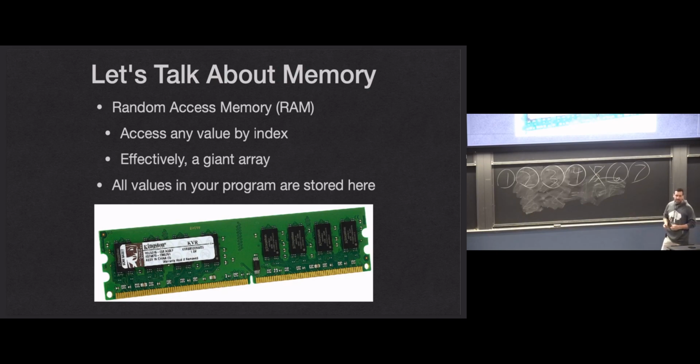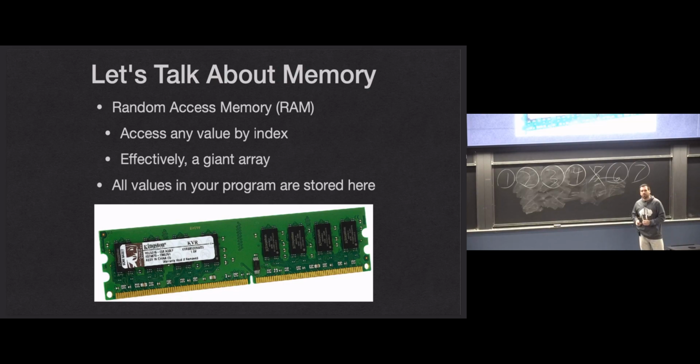It's our temporary storage for our executing programs in the computer, as opposed to the hard drive, which is our long-term storage. So if we need something to live longer than the execution of our program, we'll save it to a file on disk, and then we can load up that file in any other program we run.